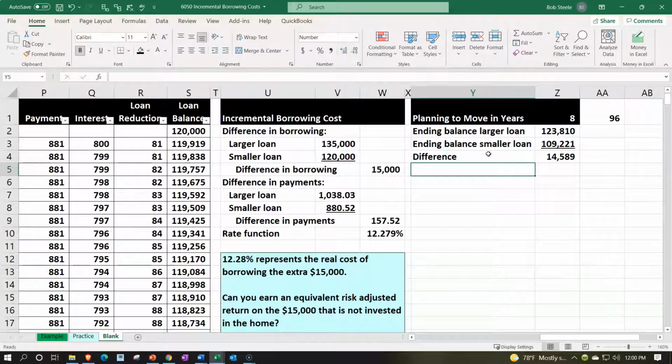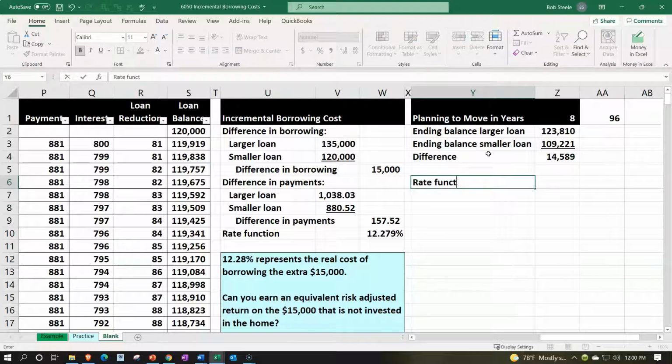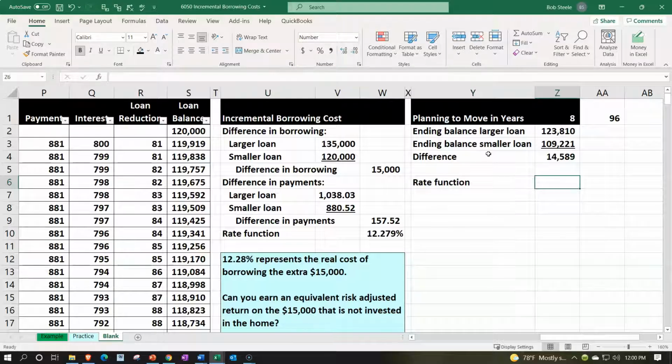Okay, now that we have that information, we can once again use our rate function. So we could say rate function, which is now going to be equal to, same kind of concept, but now we're saying, okay, we're going to sell this thing after 8 years.